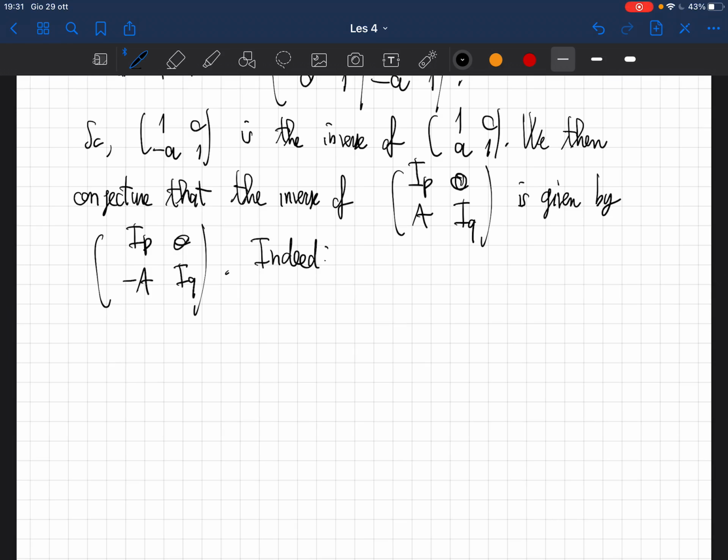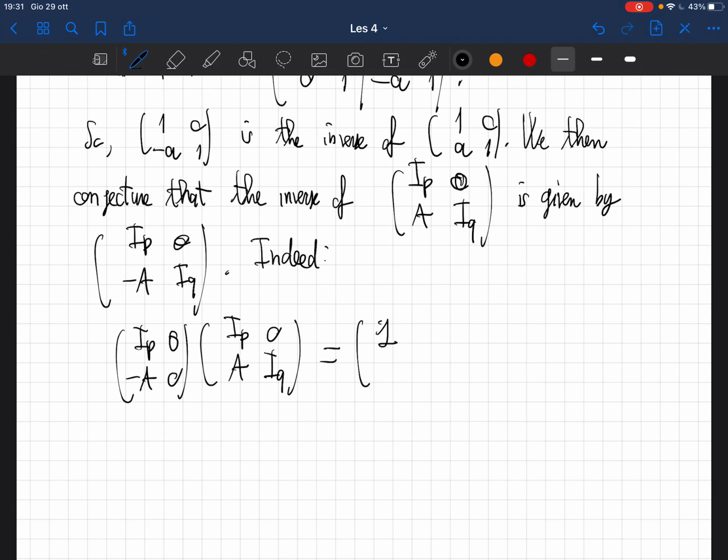Indeed, here you have to show that this is the inverse. So you have to make the multiplication using, of course, block multiplication. It's perfectly okay. And indeed, you find out that you get IP 0 0 IQ, which is actually the identity matrix IP+Q. And if you do it the other way around, it's the same thing.